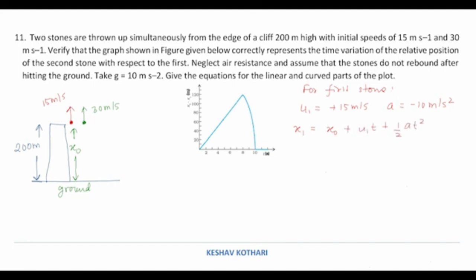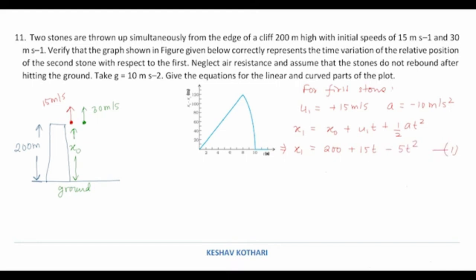The acceleration value will be put as negative, and x naught is equal to 200. So x1 equals 200 plus 15t minus 5t square. This is the first equation which we have.